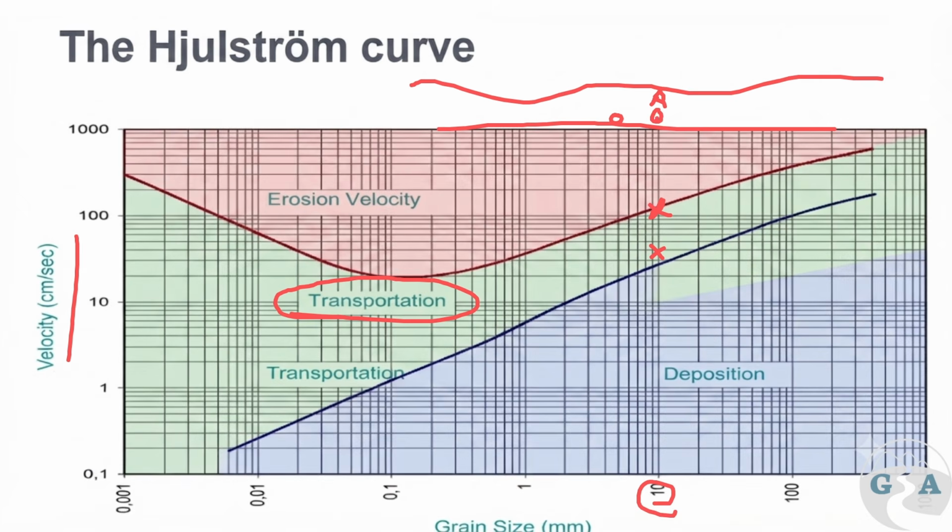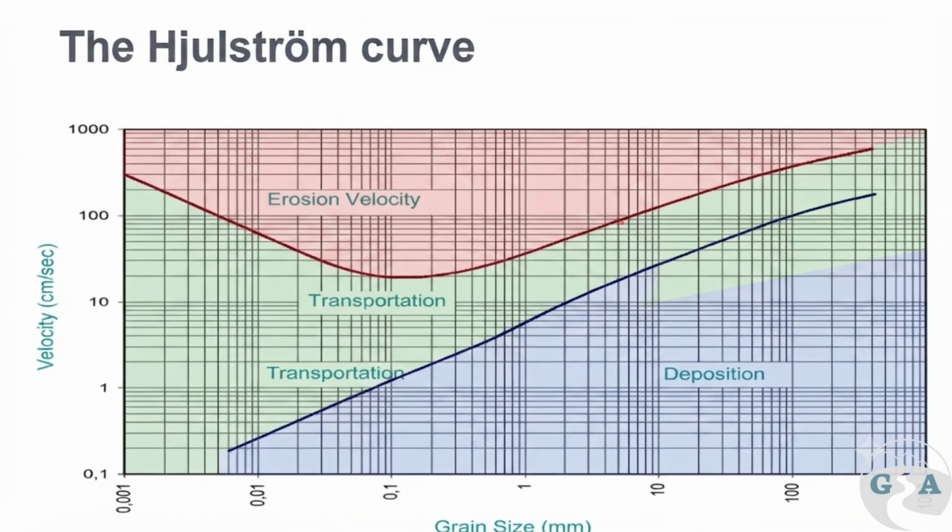So that means it's still being carried, even though the velocity has decreased. It's only when it gets to the deposition line here that it will go back down onto the riverbed again and will settle there. So that's the deposition. But now that it's on the riverbed, if it needs to be lifted again, it has to go back up to the point of erosional velocity.